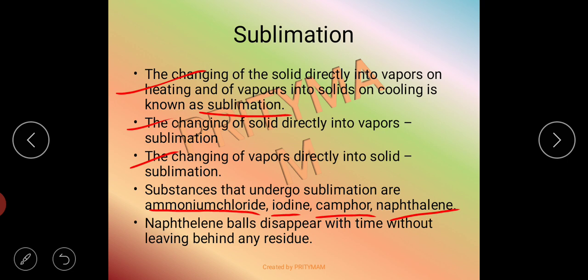We notice that these naphthalene balls disappear with time without leaving behind any residue. This is because naphthalene balls undergo sublimation. The naphthalene balls keep forming naphthalene vapors slowly, which disappear into the air.